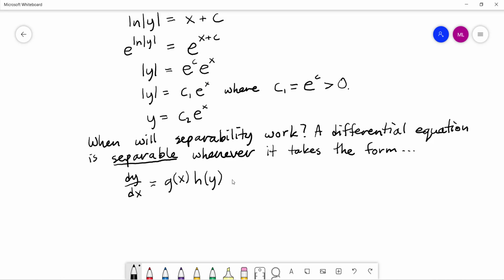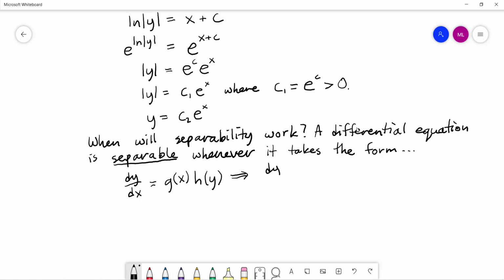Because if I have something like this, where I can explicitly factor the right-hand side into something that involves all the x variables times another thing that involves all the y variables, I can separate the two variables by just multiplying both sides by dx and dividing both sides by h of y. So you could always separate it in the following way.